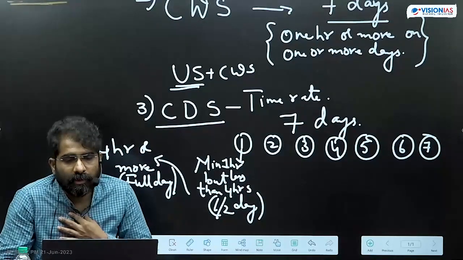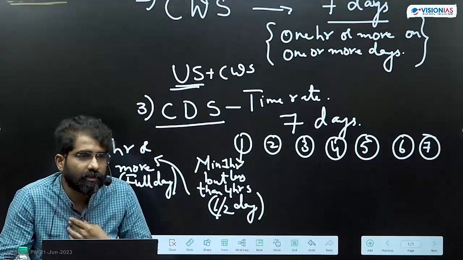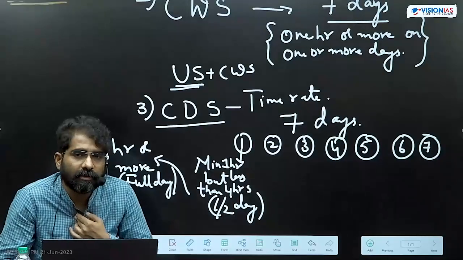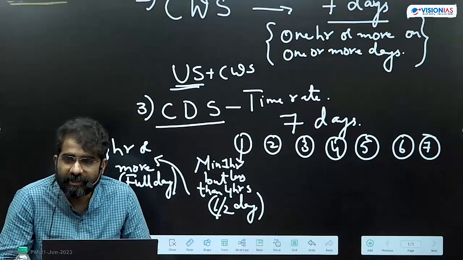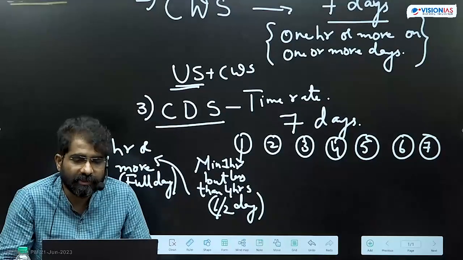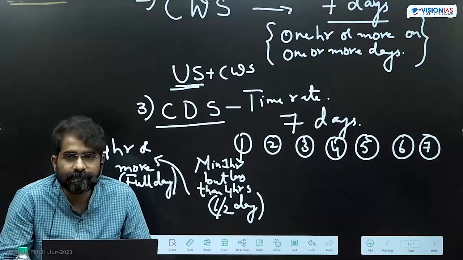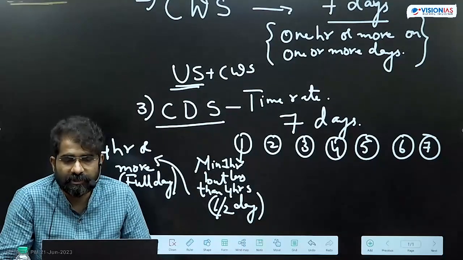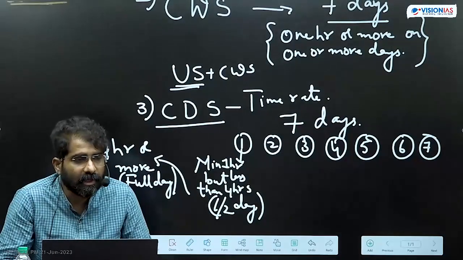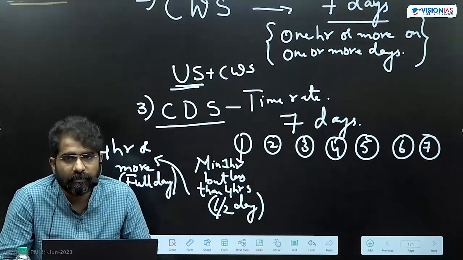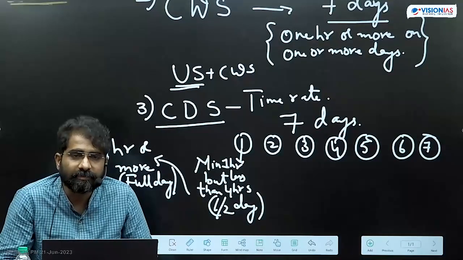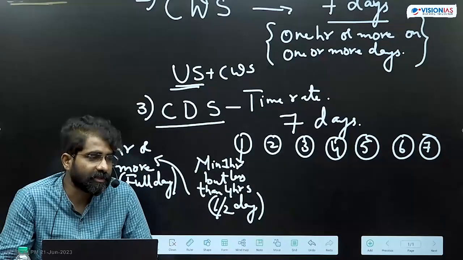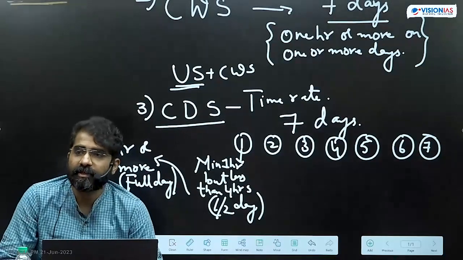Next one. Usual subsidiary status. It is an extension of usual principal status, and it considers 30 days as the criteria to give subsidiary status.